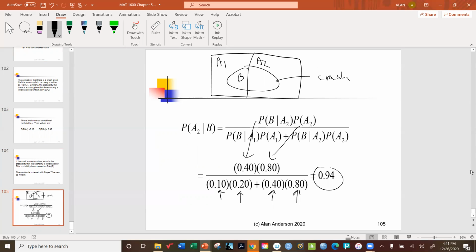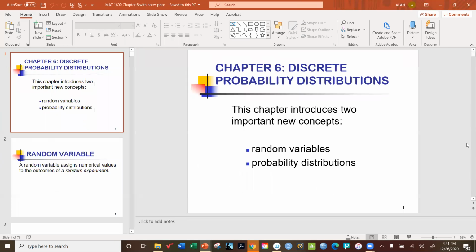Now, what's coming up next is chapter 6. Chapter 6 introduces a lot of very important new concepts, which are tied together with what we've been doing mainly in chapter 5. And also, this is the first chapter where the calculator will become enormously important, because a lot of what we're doing here is in fact built into your calculator already. So this is an exciting chapter.